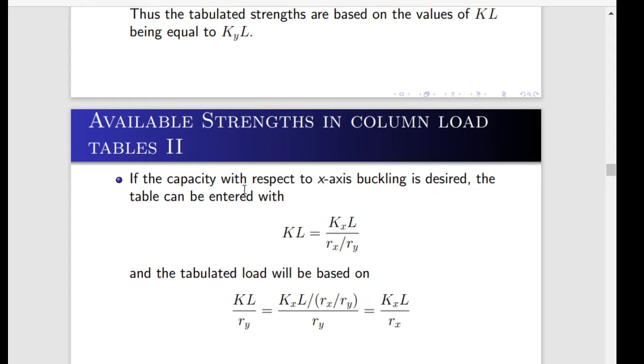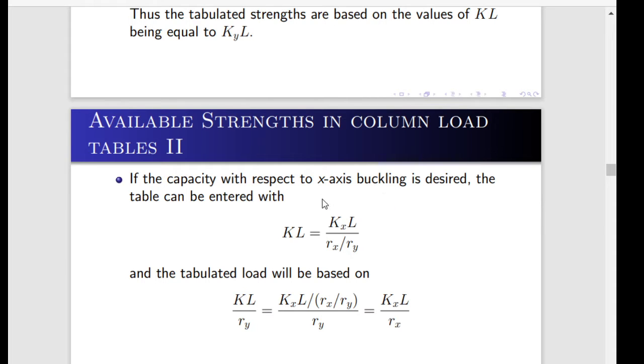Yes, if necessary we still check the buckling with respect to the x-axis, then compare, and whichever effective length is greater will govern the design.